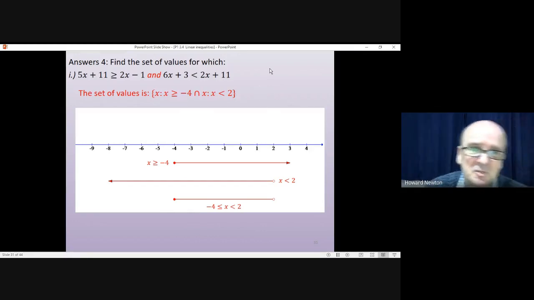Just to introduce you to how this is sometimes written in set language, it looks so much more confusing. It means exactly the same thing. I wouldn't choose to write the answer like this, but it is possible they would ask you to. The way you would read that, it says the set of values, same as before, is x, the 2 dots, such that. You'd read them as saying such that. So x, such that x is greater than or equal to -4, and it's the intersection of the values x such that x is less than 2.